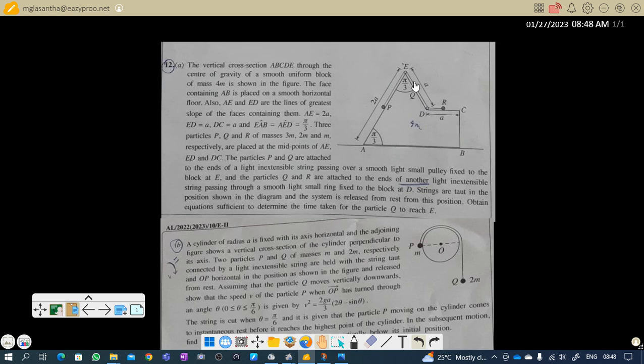This string passes through the ring and is connected to particles Q and R. The other string, connecting particles P and Q, passes over a light pulley at E, right? Let's see how you can do this sum.